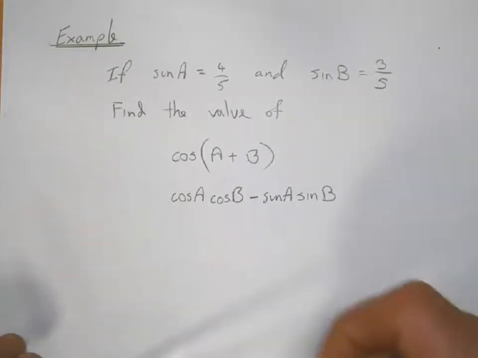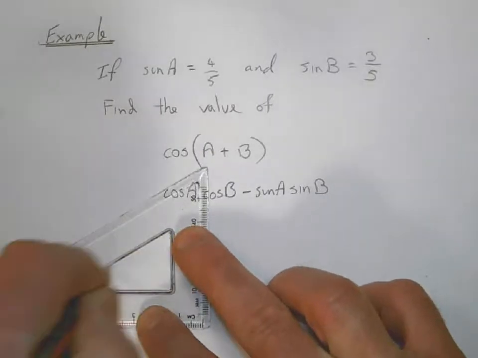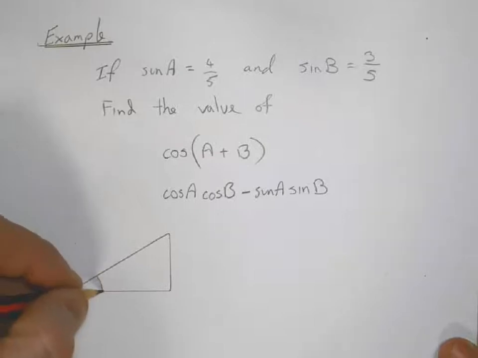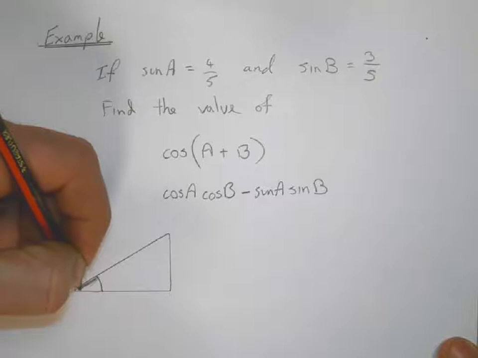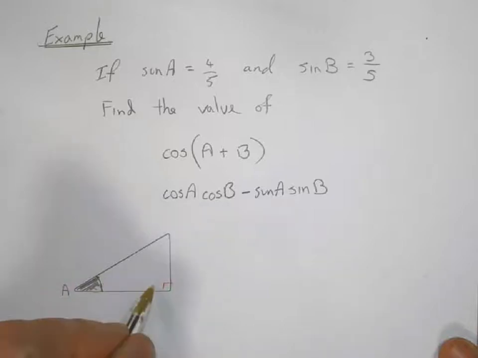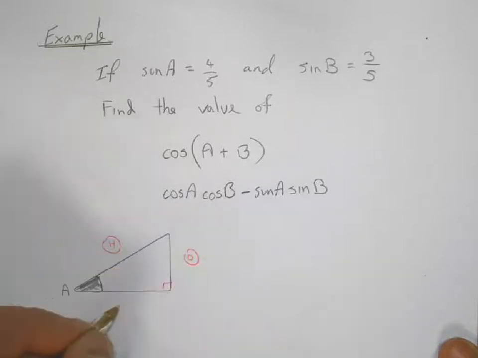So again, it's the same as in one of the previous tutorials. You've got to draw a little right angle triangle, and we'll call this angle A. If that's angle A, that's the right angle, which means this is the hypotenuse, this is the opposite, and this would be the adjacent. From your SOH CAH TOA days, you should remember that.